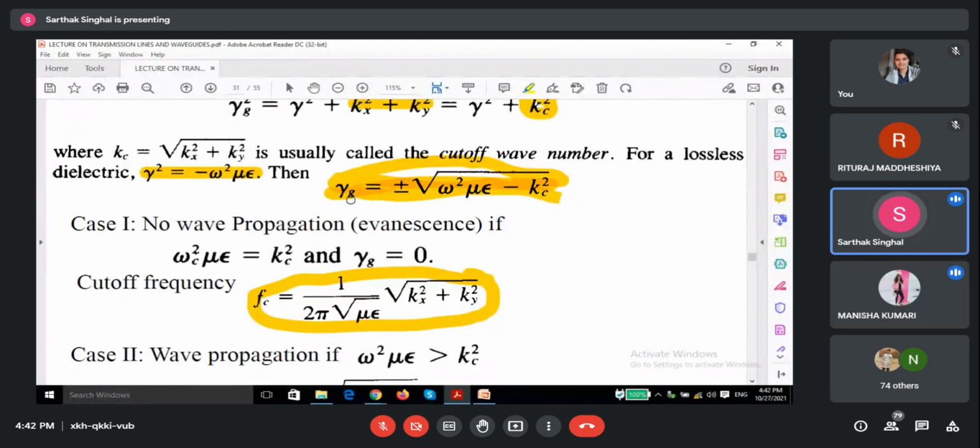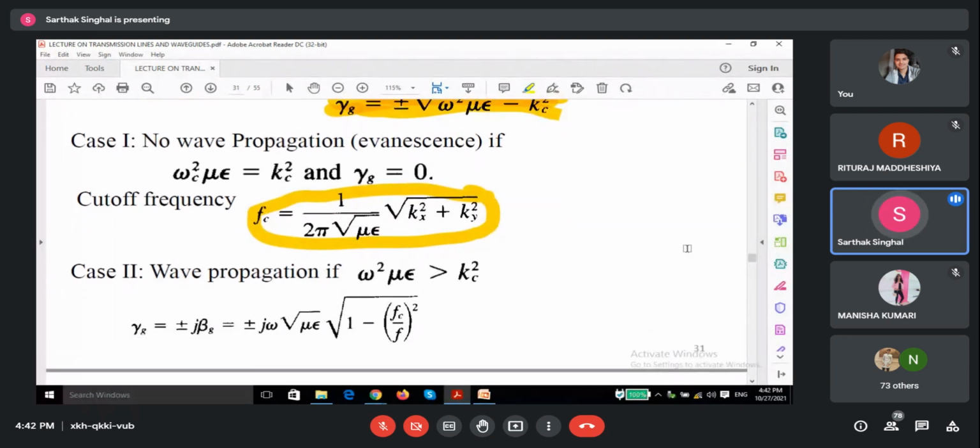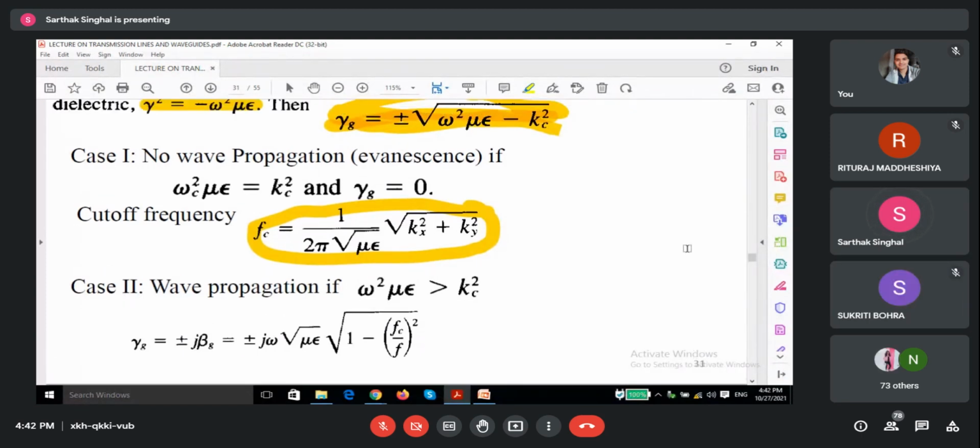So when Kc is less than omega under root mu epsilon, that is, when omega square mu epsilon is greater than kc square, right?